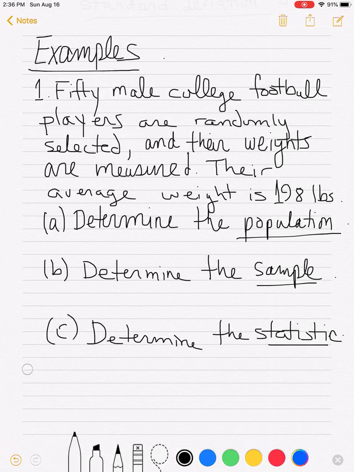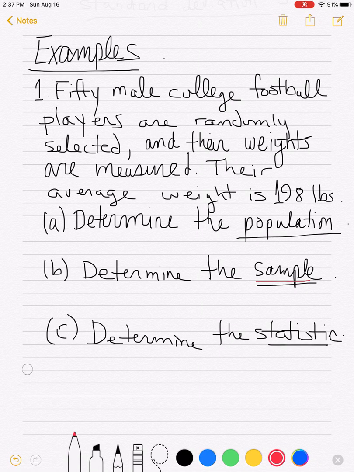All right, so I think the easiest thing to find out is what is the sample? Remember what a sample is? It is a subgroup from a population. Oftentimes, rather than taking all the data from an entire population, you just want to take the data from a sample. Sample is usually randomly selected. That's great when it's randomly selected, so it's representative of the population. So what's our sample?